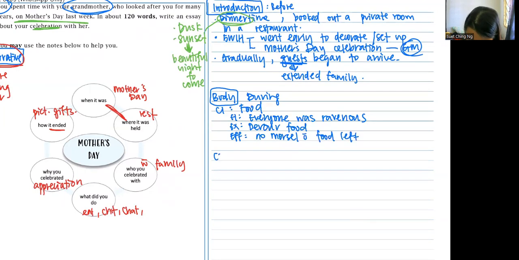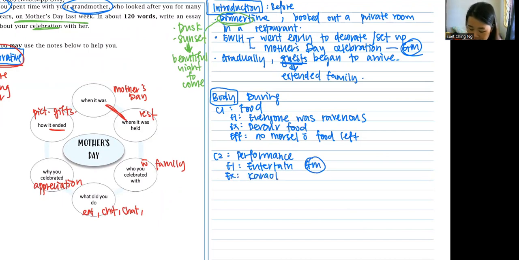Point 2, after food, what are you going to do? Performance, like any good Asian family. What are you going to do? Entertain grandma. Example, karaoke session. Performances. Let me give you specific examples.